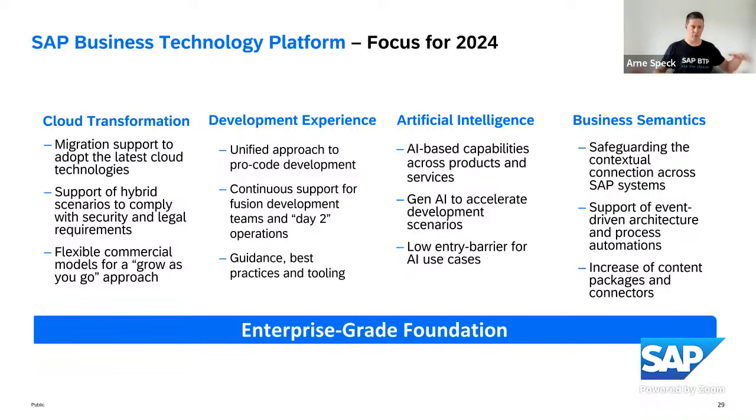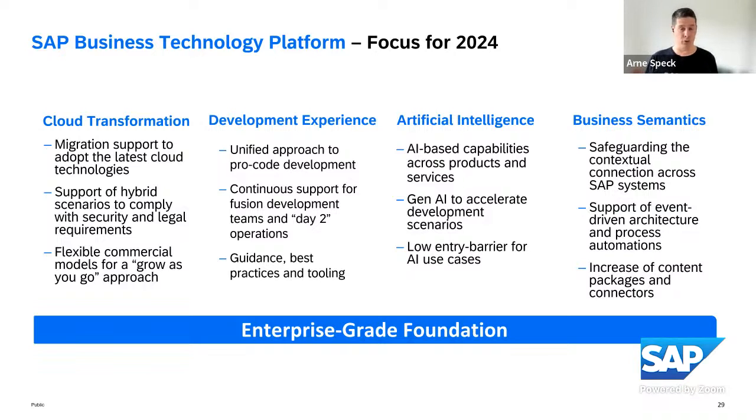Developer experience: Build Code went generally available 2 weeks ago, 1 week ago, I don't know. We want to focus on the development experience, and also look at the possibility to combine different development approaches like pro code together with no code developers.